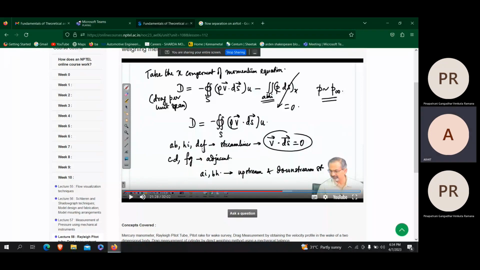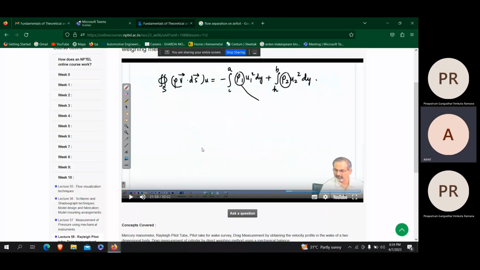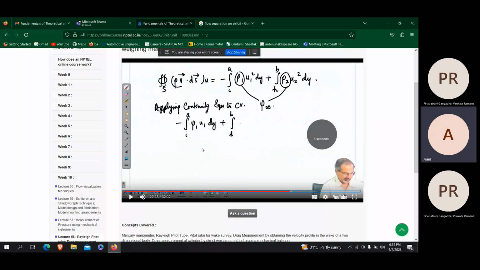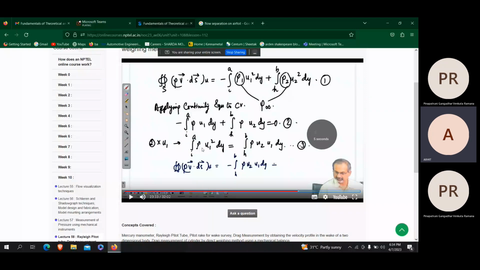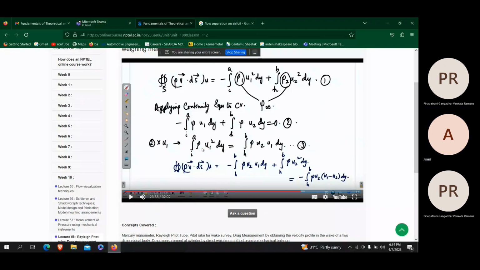So you can refer to that concept once again, then you can understand up to here. It is the same thing that you used for your previous analysis also. So what is the next equation that he derived? After that, he has expanded the surface integral and, applying the continuity equation in the control volume, he has acquired this equation: rho u2 times (u1 minus u2) dy.